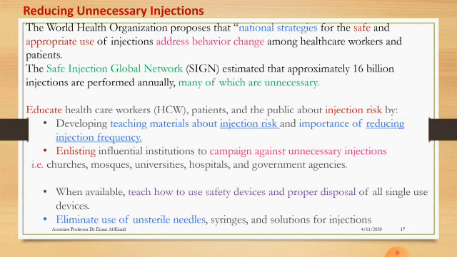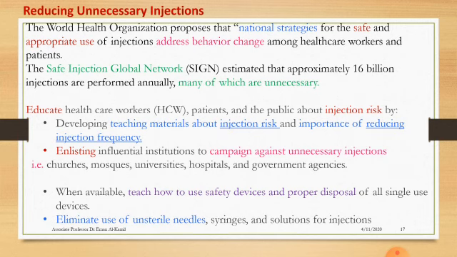It is important to enlist influential institutions. We can deliver this educational material in a campaign against unnecessary injection through influential institutions, such as mosques, churches, universities, hospitals, and any governmental agencies. We should provide this educational material among these institutions to educate people about the risk of these unnecessary injections.